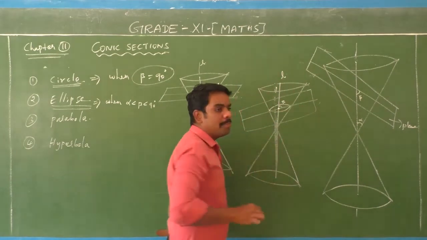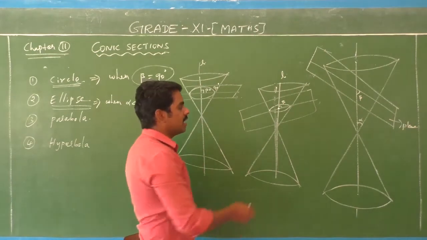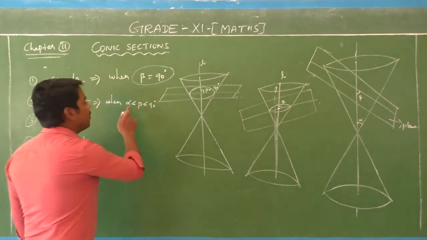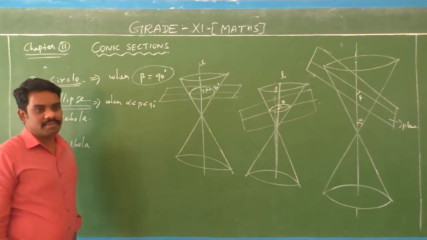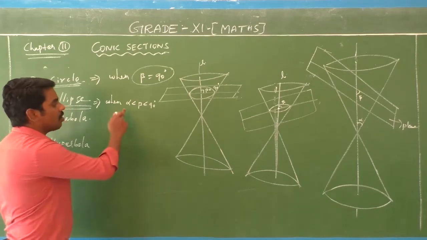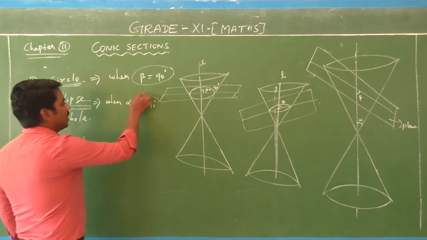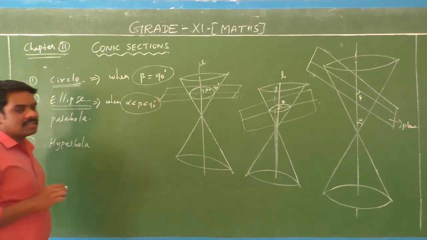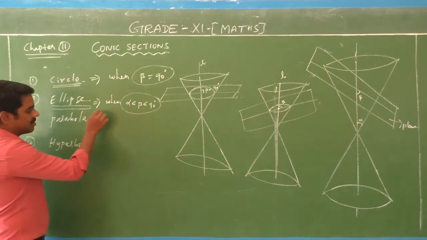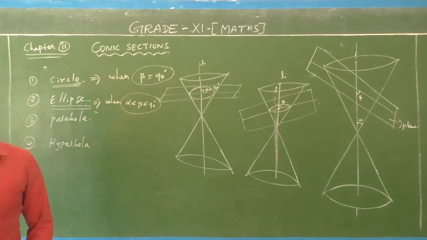This beta value is between alpha and 90 degrees, so alpha is less than beta is less than 90 degrees. Then the given section is called an ellipse.